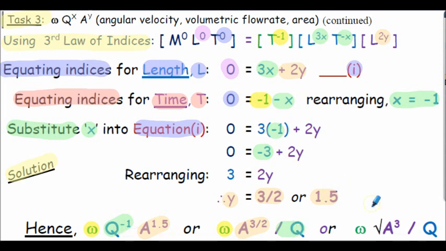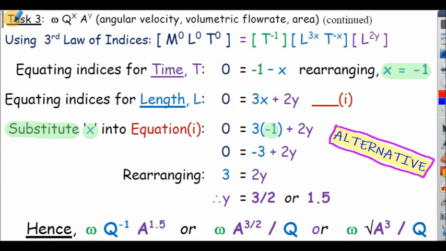And that could further be written as the omega multiplied by a cubed or square rooted, because the power of a half is actually a square root, and then divided by q again. So 3 different ways of expressing the final solution. Most technician students would be quite happy with the first solution. They tend to struggle a little bit trying to generate the third solution, but it's shown there for reference. So that concludes task 3.